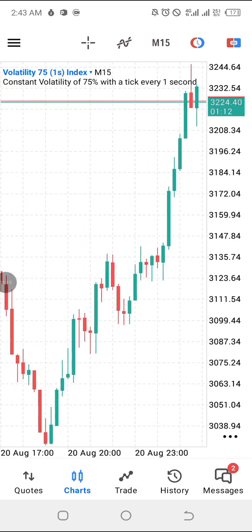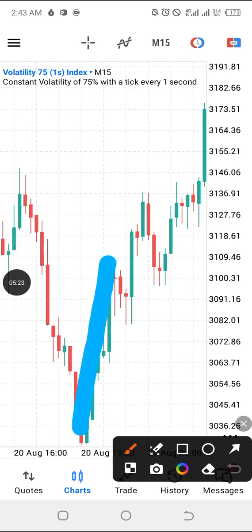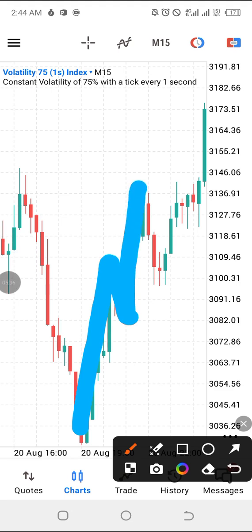Look at uptrend. Here will be what? Higher high, higher high, higher low. Alright, higher high, higher low. Remember, here it is swing points, swing points, swing points.